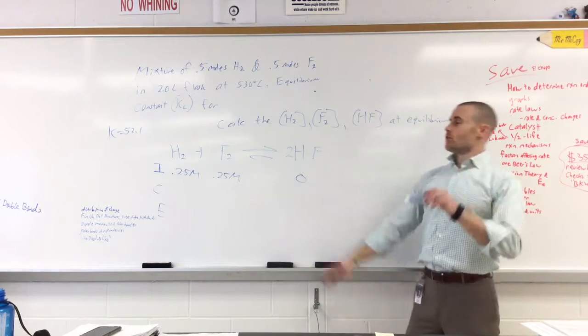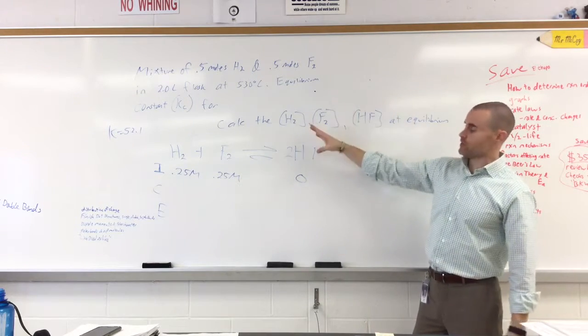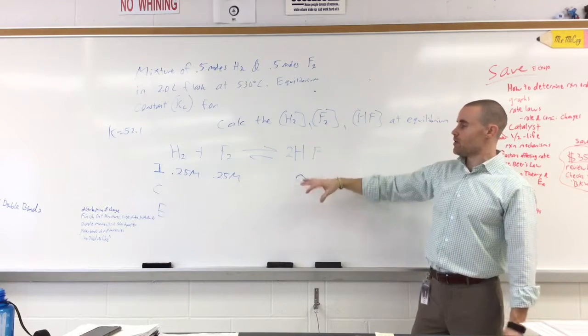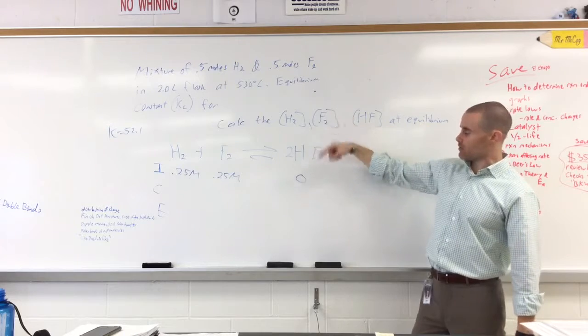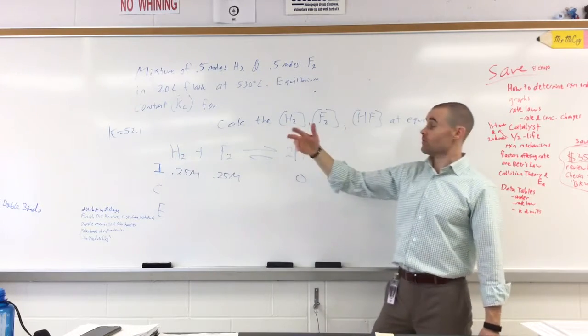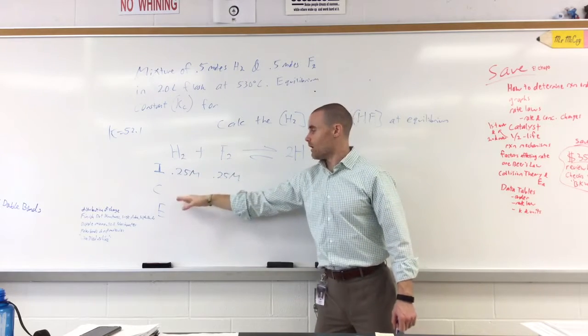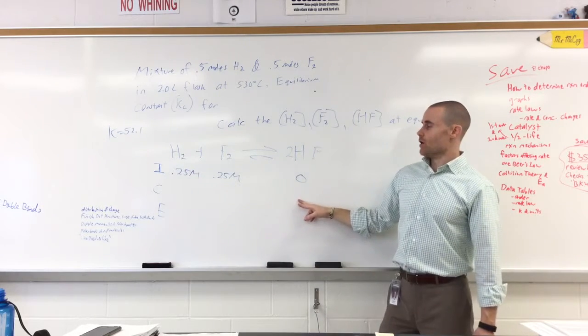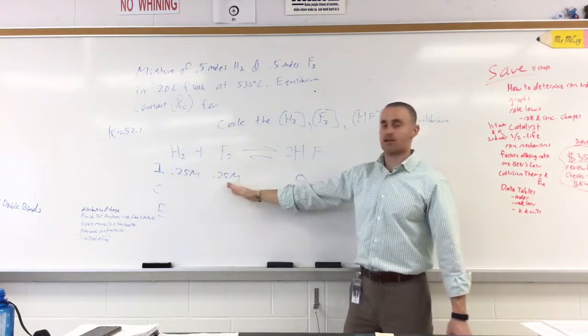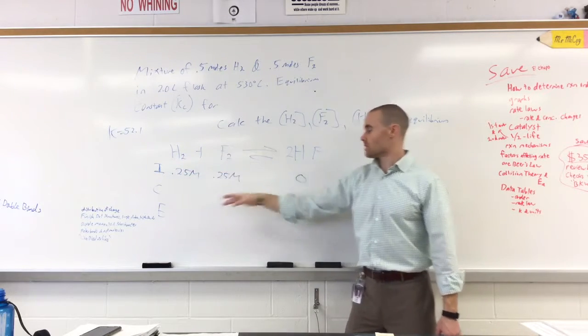The way we do all of these problems is you use the stoichiometry, the mole ratio, the stoichiometric coefficients, to figure out the change. This is a 1-to-1 ratio, so whatever change happens here, the same change is going to happen here. What's going to happen to this change?